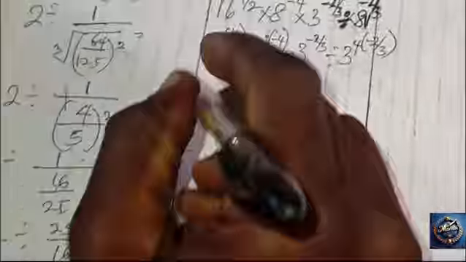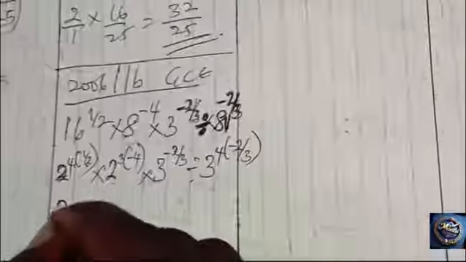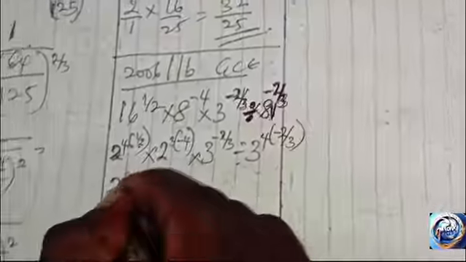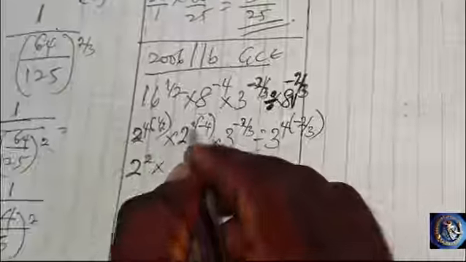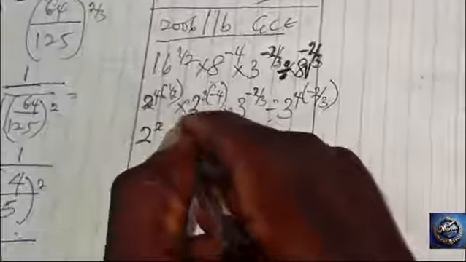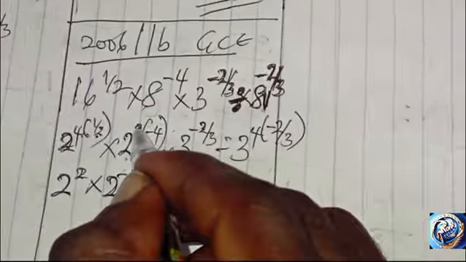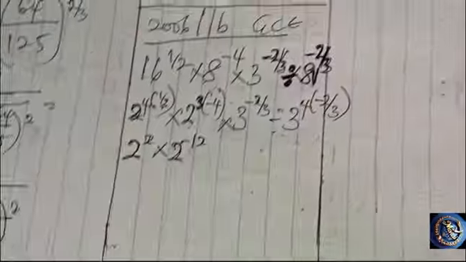So I will now deal with this one. It will be 2 raised to power 4 times half, and 3 times minus 4 will give me 2 raised to power minus 12. Don't forget it's 3 times minus 4, that gives you minus 12.